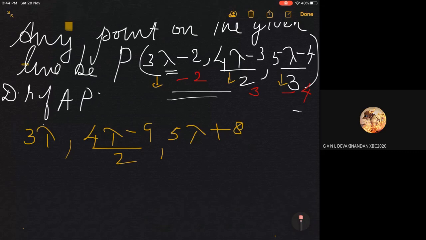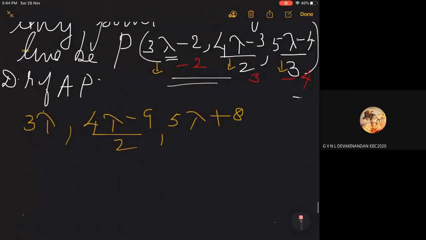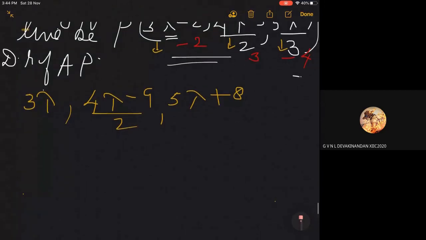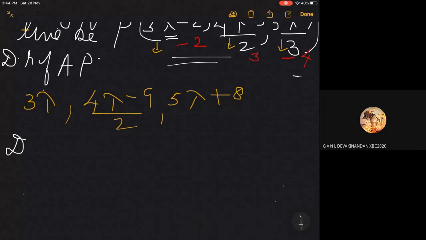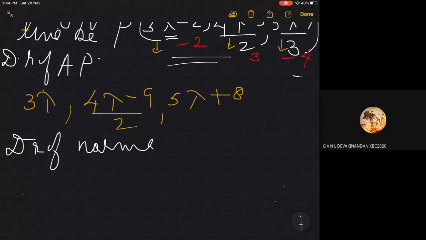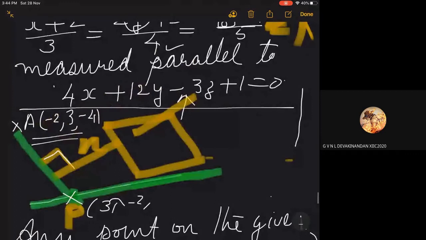You should not put the bracket, since it's a direction ratio. Now the direction ratio of the normal also you have to write, because you are going to apply the perpendicularity condition between AP and the normal. The direction ratio of the normal is always connected with the equation of the plane.